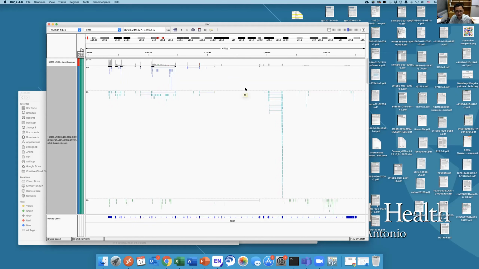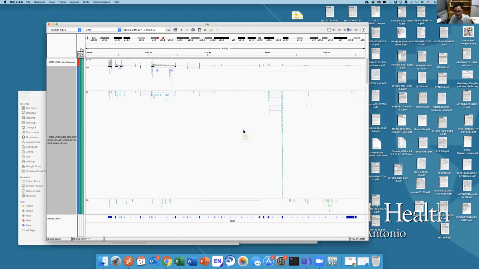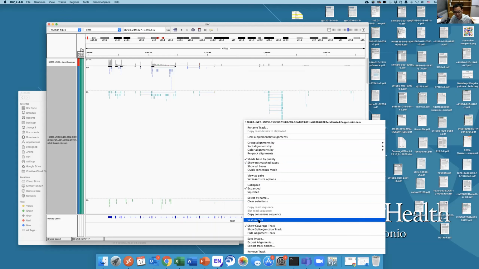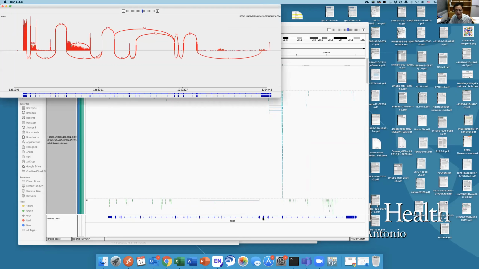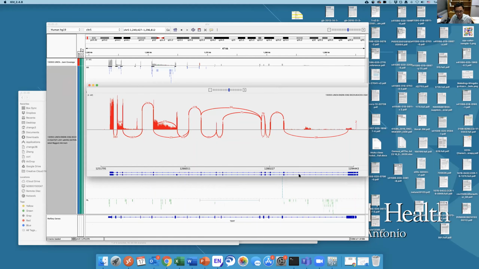So this is the RNA alignment on the TERT gene, and what you can do is right click, and there is an option called sashimi plot. When you click the sashimi plot, IGV will generate this plot for you. At the bottom is the gene model for the gene you study.